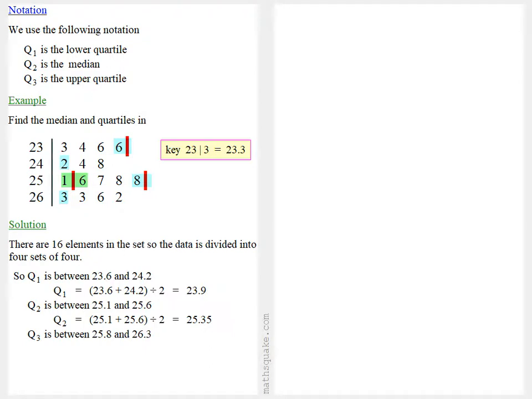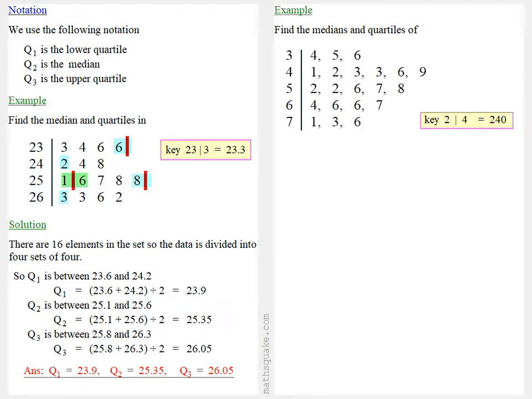And Q3 is between 25.8 and 26.3, so Q3 is 25.8 plus 26.3, all divided by 2, which is 26.05. So our answers are Q1 is 23.9, Q2 is 25.35, and Q3 is 26.05.